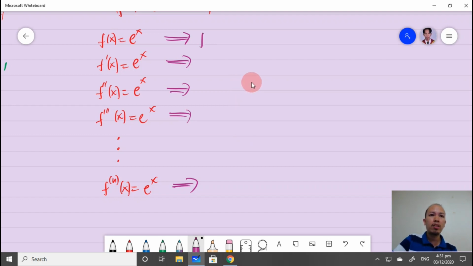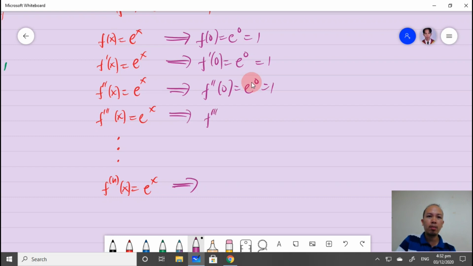So f of 0 is e to the 0, which is 1. F prime of 0 is also e to the 0, which is 1. The second derivative is the same, the third derivative is also the same, up to the nth derivative, which is 1.